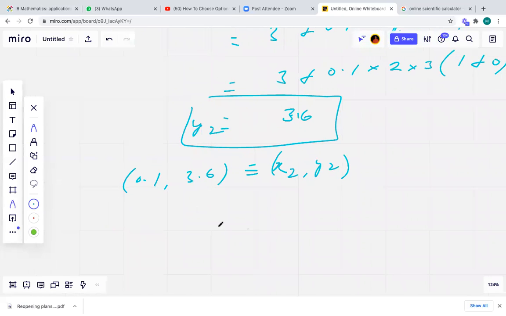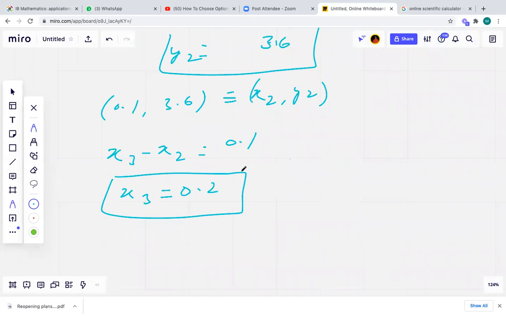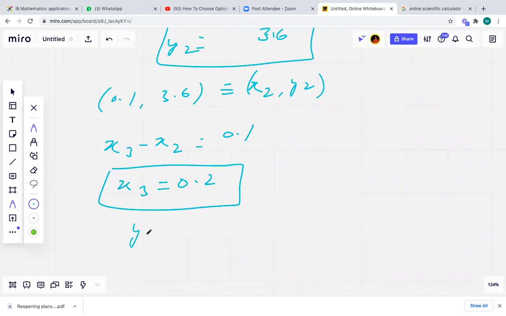Now I'll have to find x3, y3. What will be x3? x3 minus x2 is 0.1, so x3 is 0.2. Correct. Now can you find y3? So y3 will be y2 plus 0.1 into 2 y2 into 1 plus x2, and dy by dx is this.